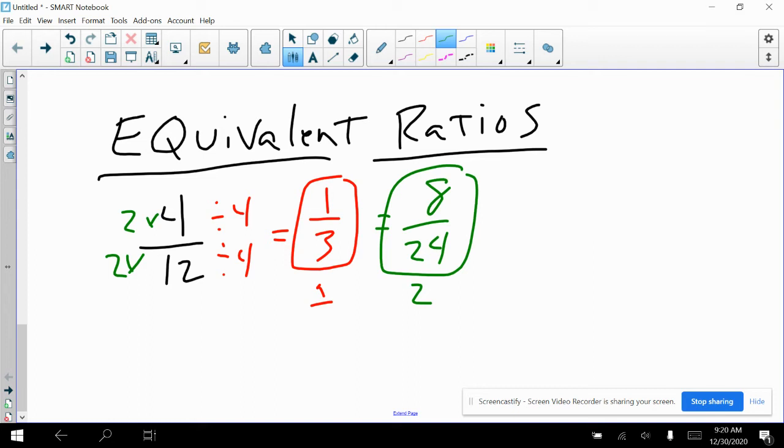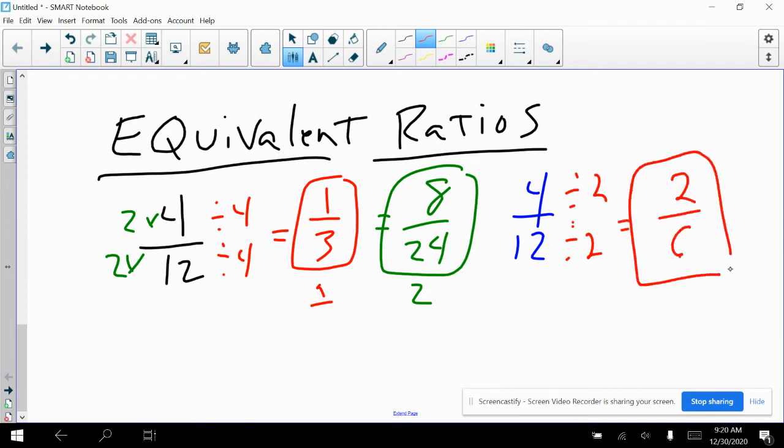Or even, let me rewrite this again for you over here, 4/12ths, and maybe you recognized that, hey, I can divide by 2, which is perfectly fine. That would be a third one, equivalent to the original one of 4/12ths.